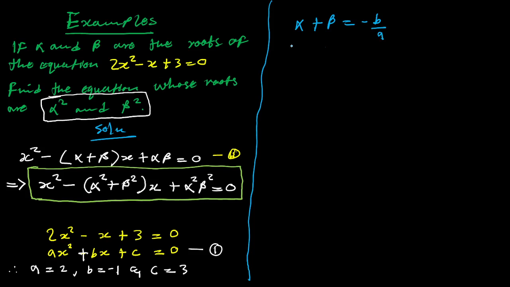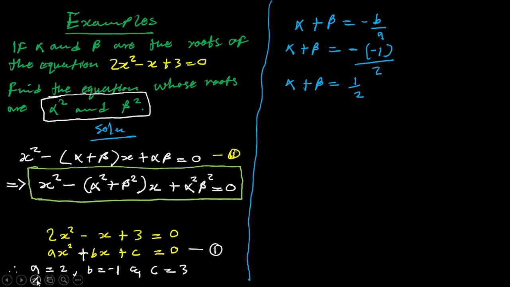So alpha plus beta, in this case, you're going to get negative, plus that negative on b, which is negative. So this will be negative of -1 over our a, which is simply 2. So alpha plus beta will simply be equal to 1 over 2. Just solving this, there is a mark there.